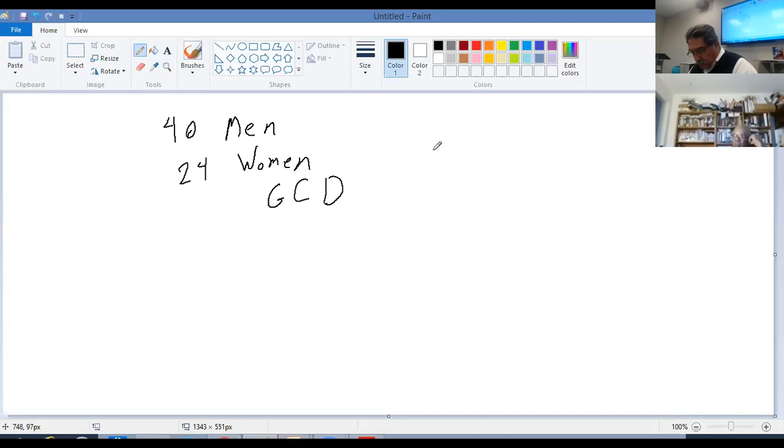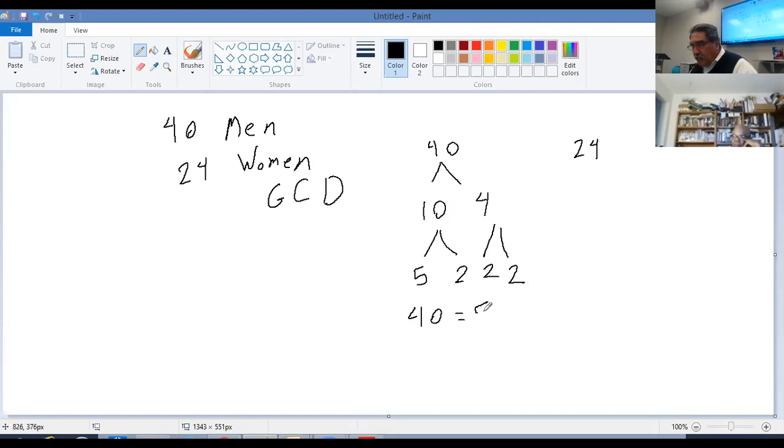Okay, so 40 men, 24 women. I do the prime factor tree. 40 can be 10 times 4. 10 can be 5 and 2, and 4 can be 2 and 2. So the factorization of 40 would be 5 to the power of 1, you don't need to write it, times 2 to the power of 3.